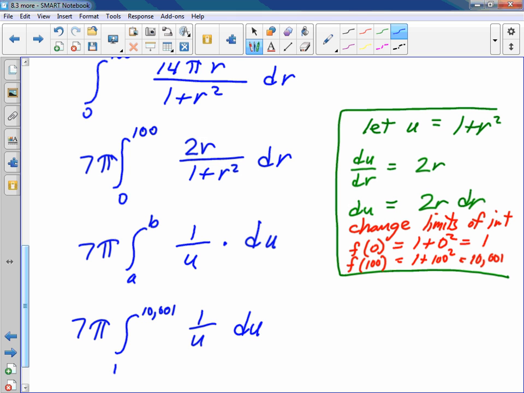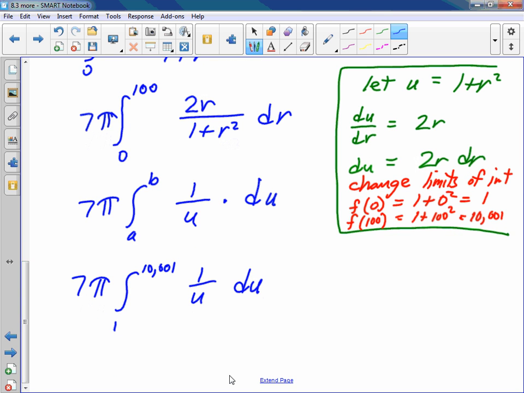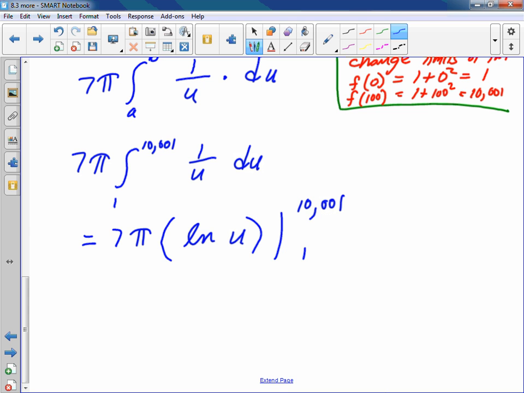And again, we did all that work ahead of time before we took the integral, and it'll make our lives easier. So what do we got? Good catch. I was going to smack you upside the head, Johnny. Natural log of u evaluated from 1 to 10,001. And again, you guys were laughing at me, but look how nice that is. Equals 7 pi.